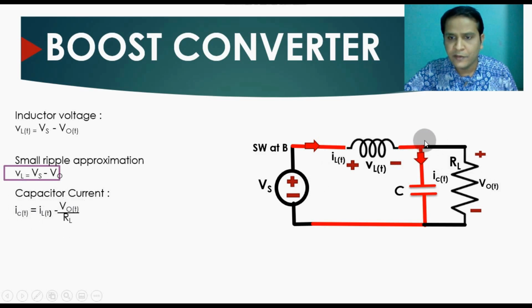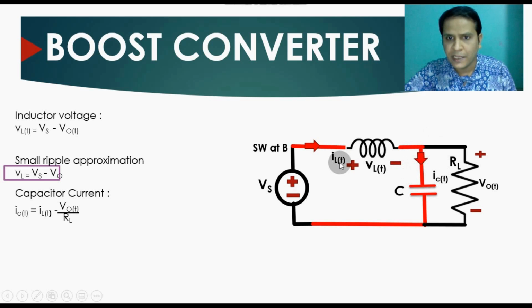If you apply Kirchhoff's current law, that is KCL, at the node here where my arrow is, this current is entering, this is going outwards, and if you want to find IC(t), this current, what will it be?